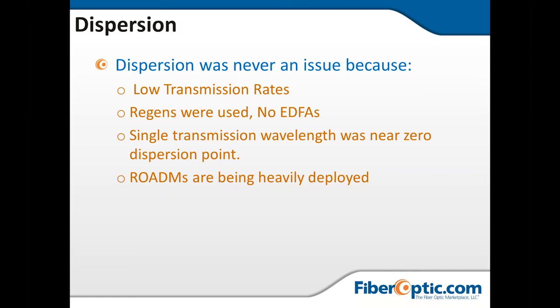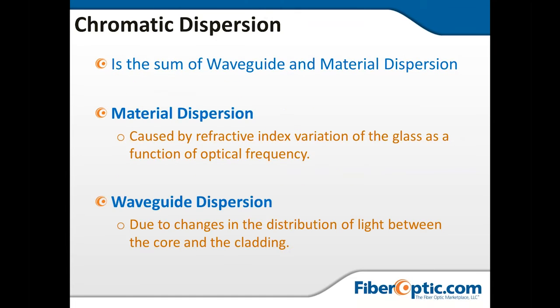When we moved to 1550, we remanufactured the glass, redoped it so that our zero dispersion point went with us. And we didn't have any real problems. But now we're pushing further and further. We don't have regeneration stations. We're pushing on out. We're operating at multiple wavelengths, and dispersion is now an issue.